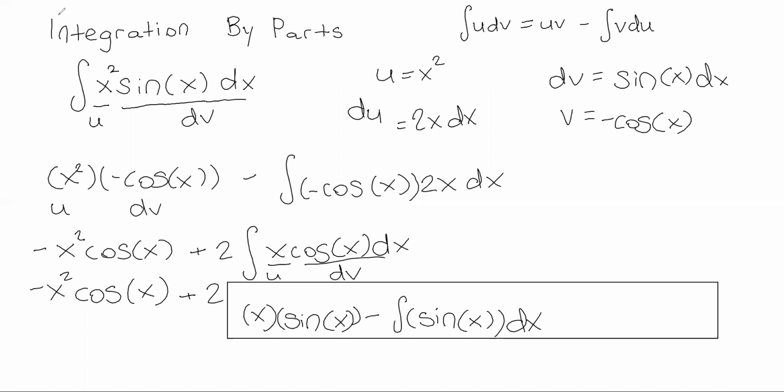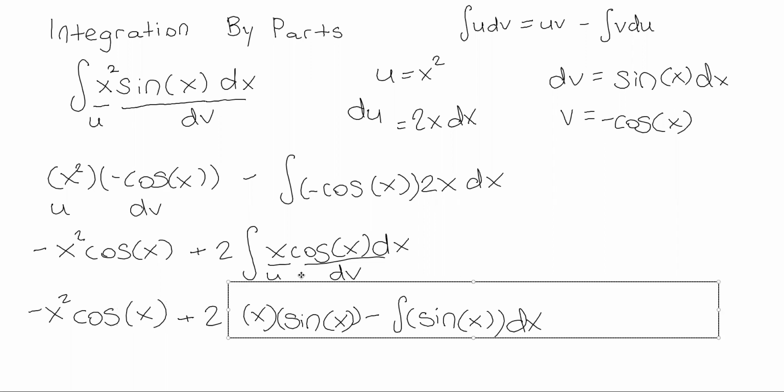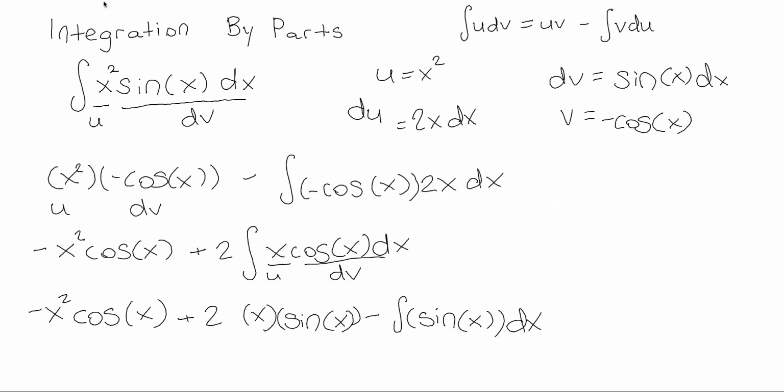So let's kind of bring everything together like so. Remove the box and replace it with parentheses. So we were able to simplify it into something that does integrate pretty easily.